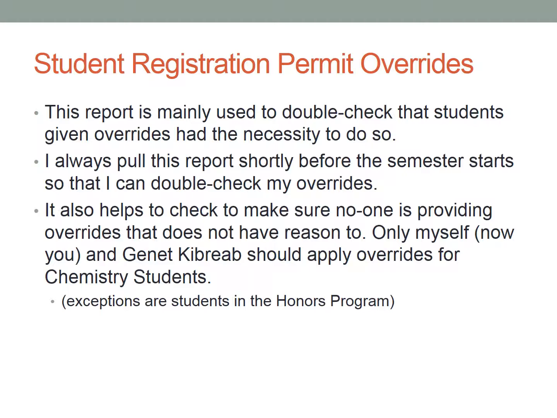But for our department, our policy is that only myself and Gannett should be able to apply overrides for chemistry students. There is an exception. Students in the honors program sometimes will get overrides for that, but for the most part, if you see anyone else's name, you can just email the person and just remind them of the chemistry department's policy.